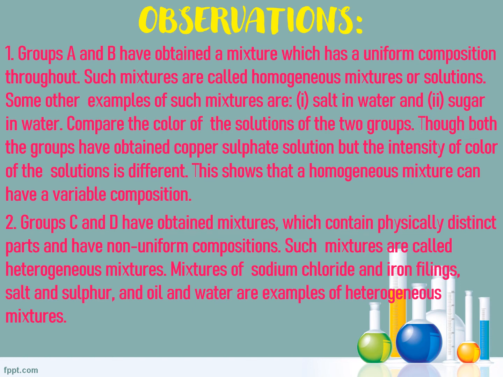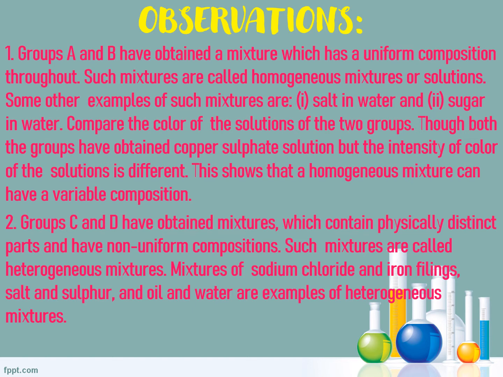After comparing the color of the solutions of the two groups, though both groups have obtained copper sulfate solution, the intensity of color of the solutions is different. This shows that a homogeneous mixture can have a variable composition.